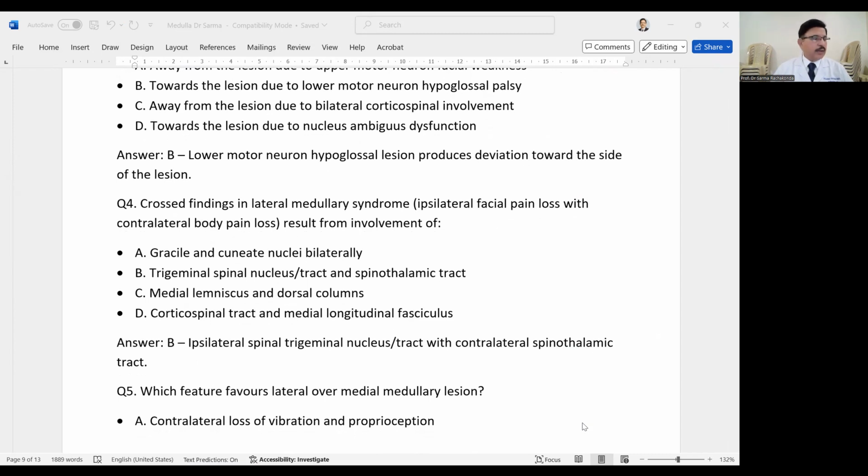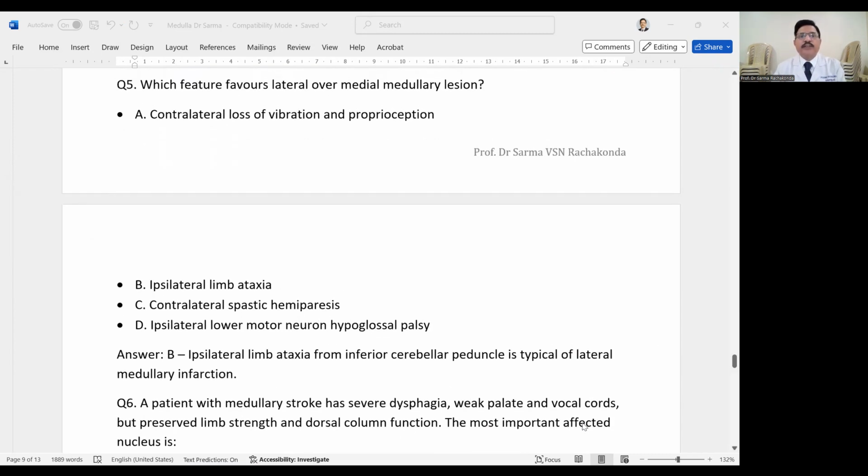Now, go to the fifth question. Which feature favors lateral over medial medullary lesion? If you have this feature, you can say it is lateral. What is that feature? Ipsilateral lower motor neuron hypoglossal palsy is medial, isn't it?